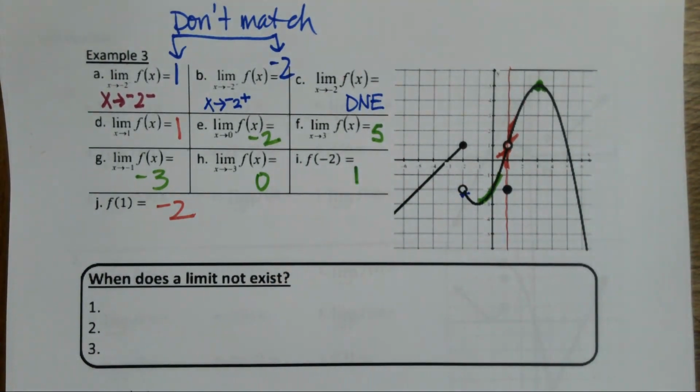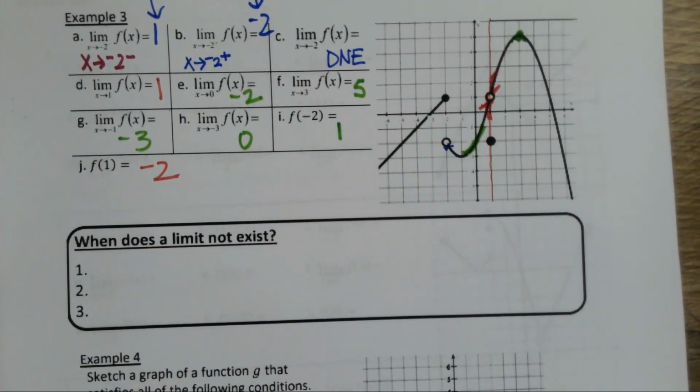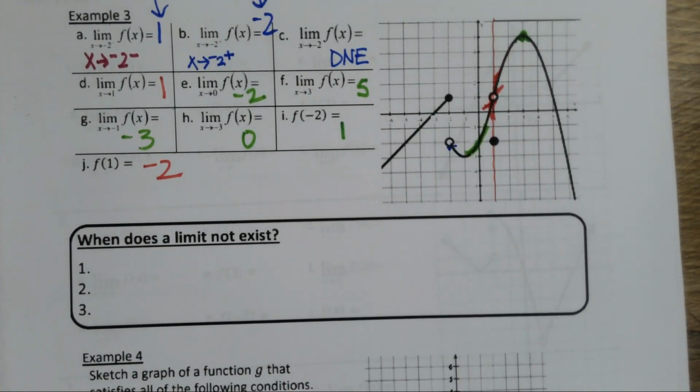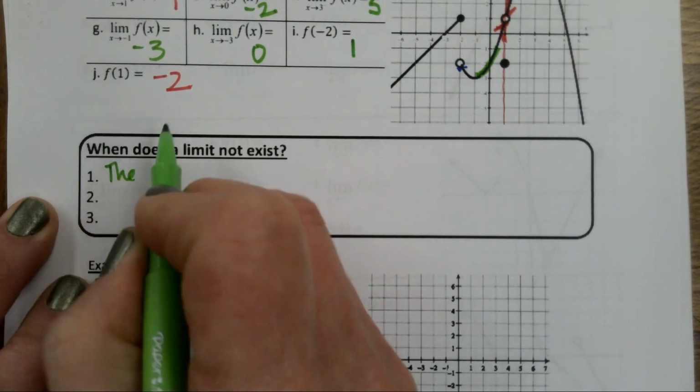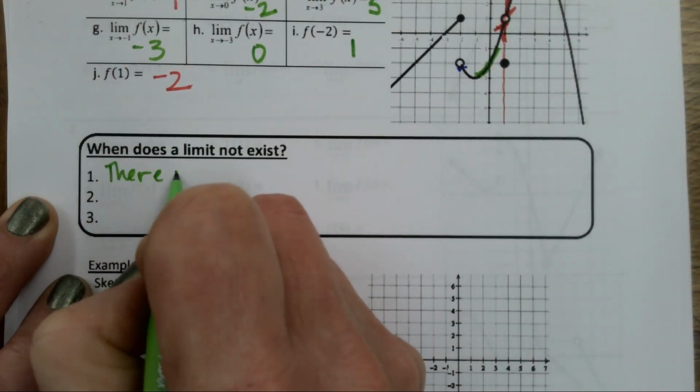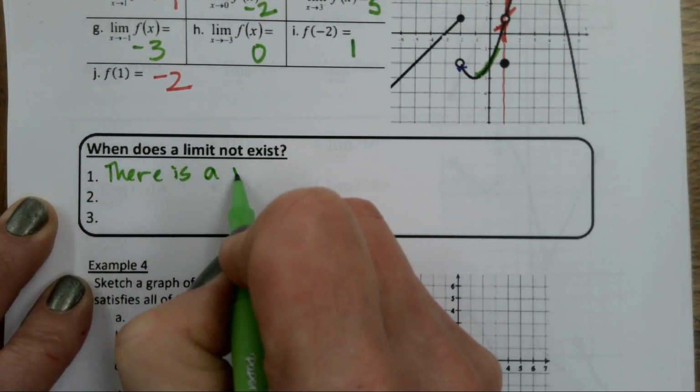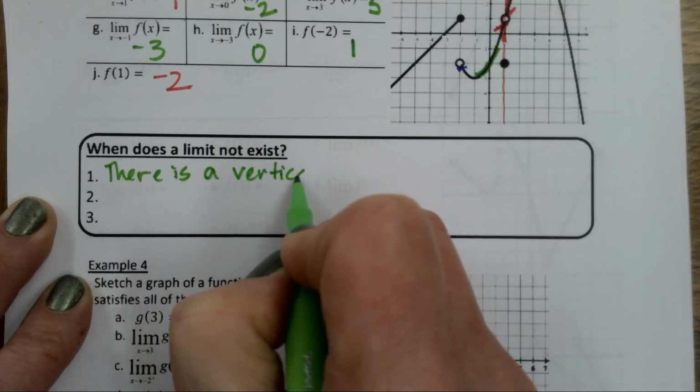Okay, so we have 3 areas where we have limits that will not exist. And limits do not exist when there is a vertical asymptote.